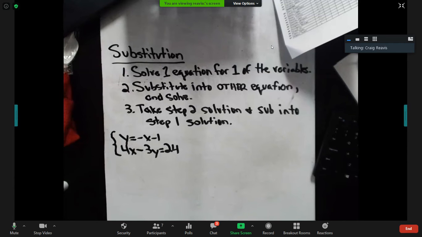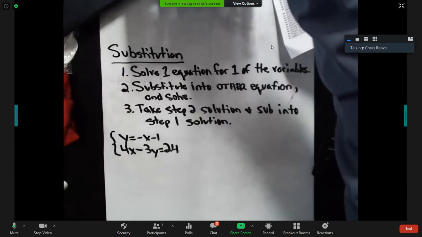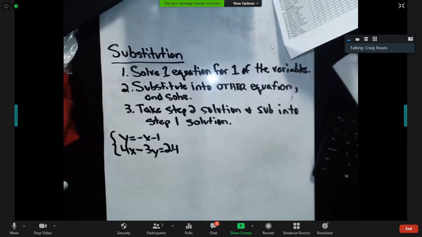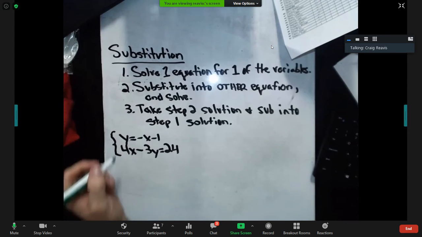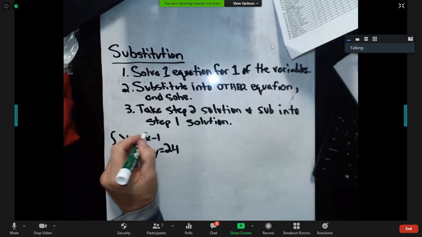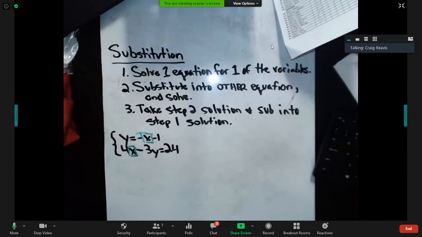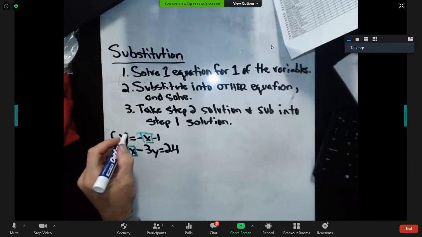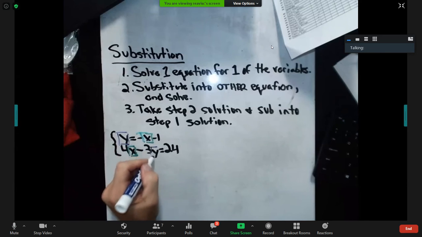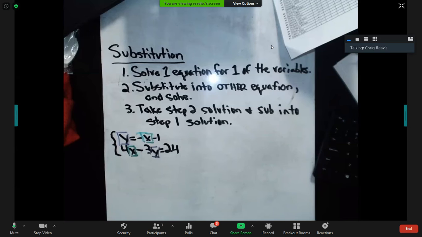So step one says to solve one of those equations for one of the variables. I've got an x in both equations, and I have a y in both equations. And what I have to do is pick one of those two equations and get that x or that y by itself.